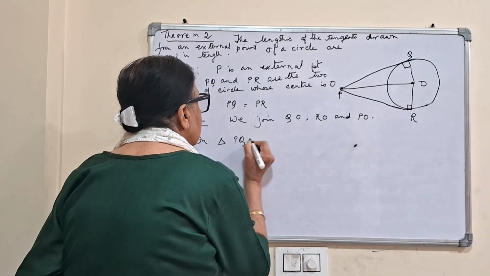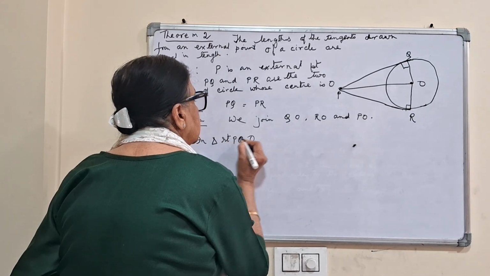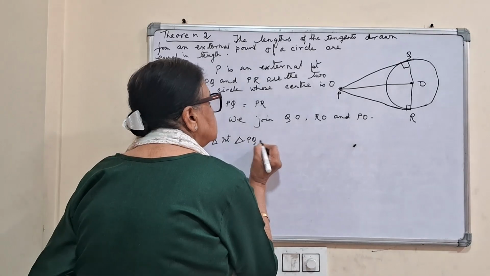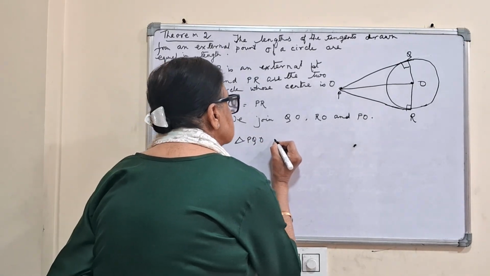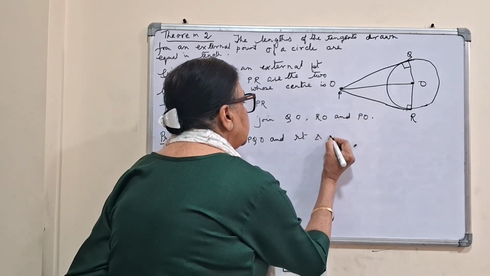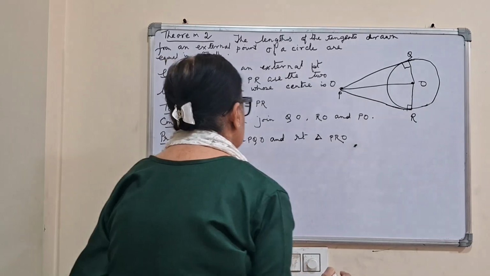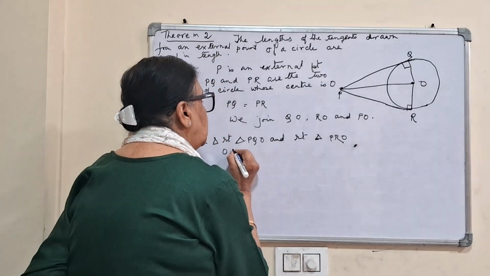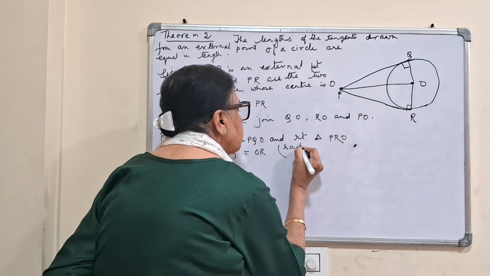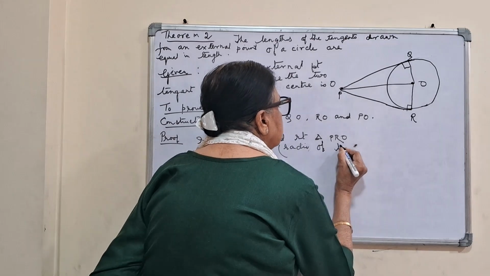In right triangle PQO and right triangle PRO, OQ is equal to OR, radii of the same circle.